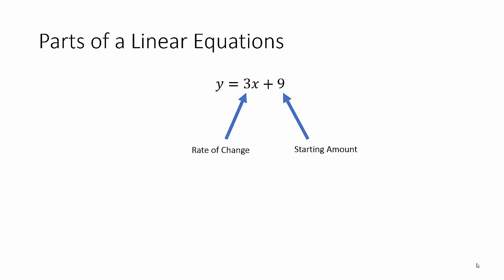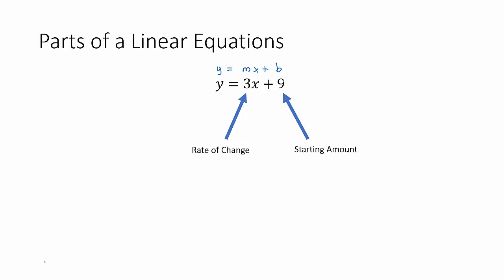And the 3 is the rate of change, how much it's changing by over time. Often you'll see this written as y equals mx plus b, where b is the starting amount and m is the rate of change, or how things are changing in the problem.